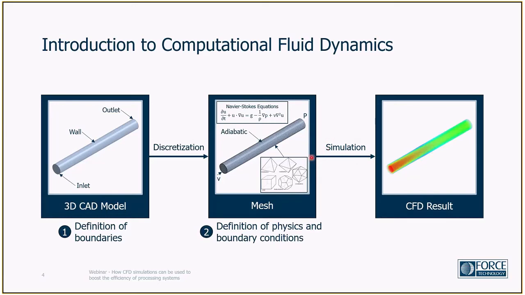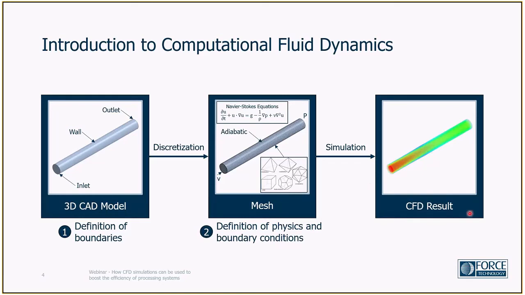If we have a higher number of cells, then it will take much more time to run a simulation, as well as the complexity of the physics that we introduce to the model will have an influence on the simulation time. And this simulation time can take from seconds to several weeks, depending on the complexity of the model.